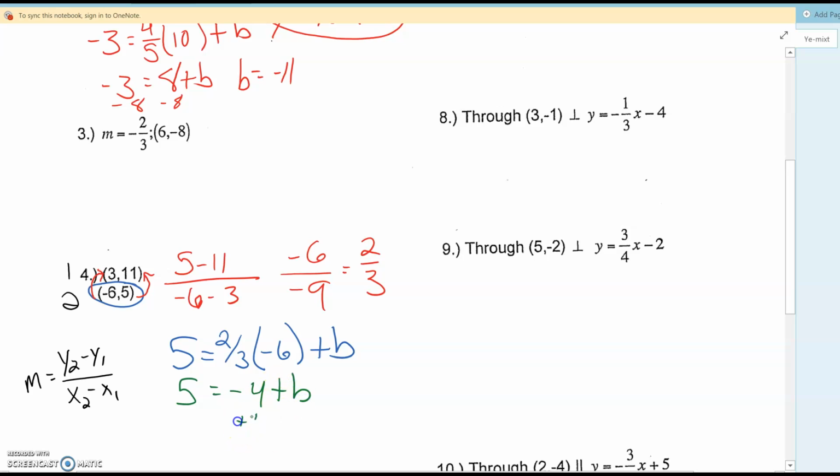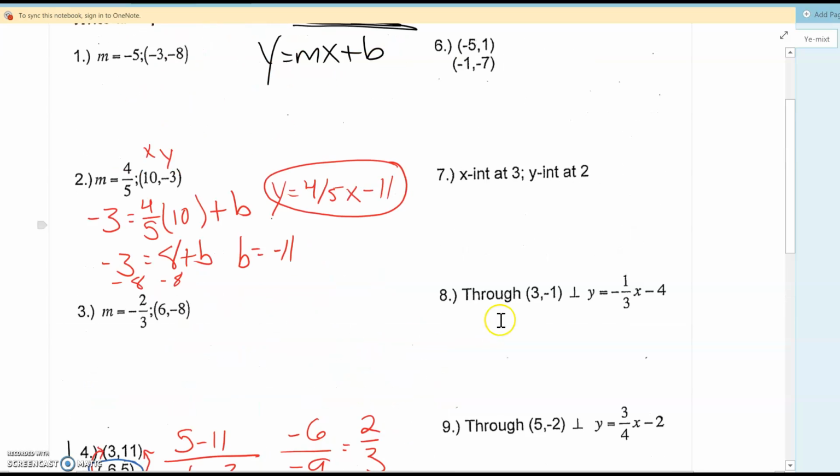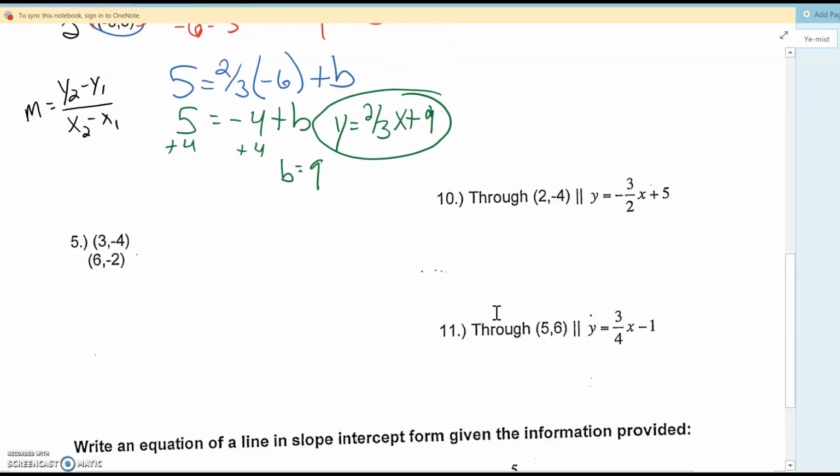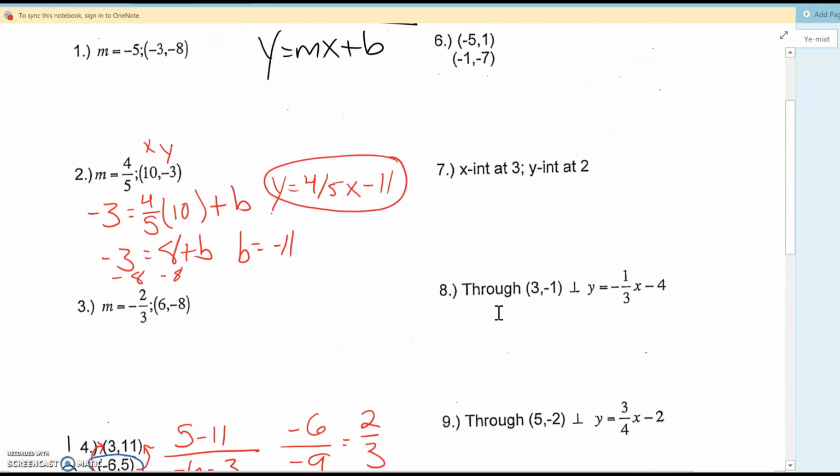Add 4. b = 9. y = 2/3x + 9. Okay, so there's 4. Now let's jump to 6.